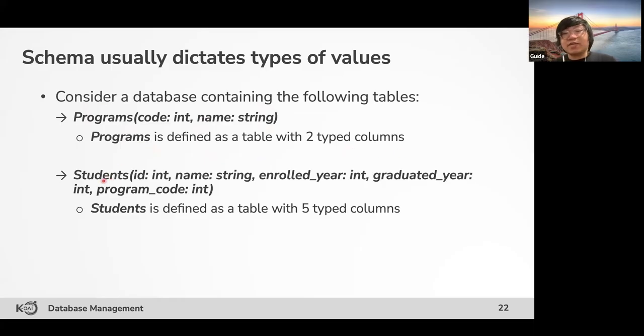And this is the same for students here, where we have 1, 2, 3, 4, and 5 columns, in which ID is int, name is string, enroll year is int, graduate year is int, and program code is int. So this is what I mean by the schema of the database: the description of the structure of the database. How many tables are there? What is the description of each table?